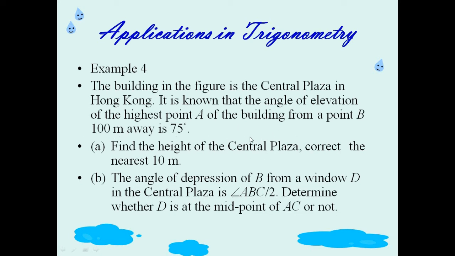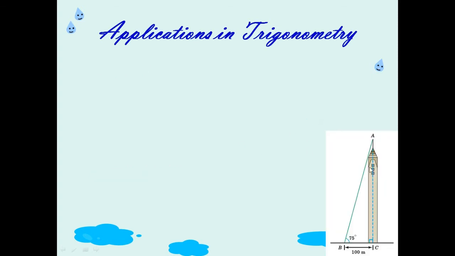In order to solve this kind of problem, we must first consider the building like this. A is the highest point, B is the observer. You can observe the point A from B with the angle of 75 degrees, and B is 100 meters away from the building, so the horizontal distance here is 100 meters.